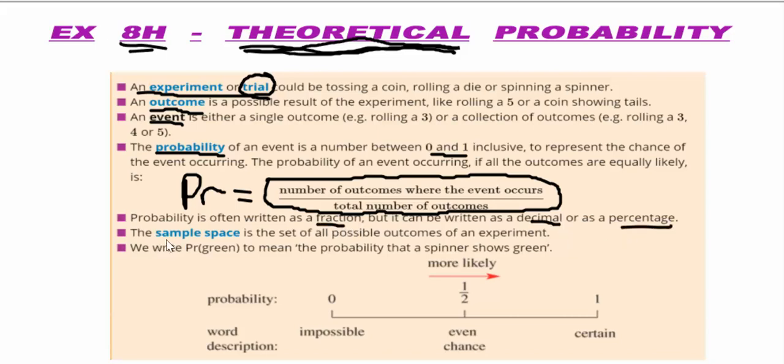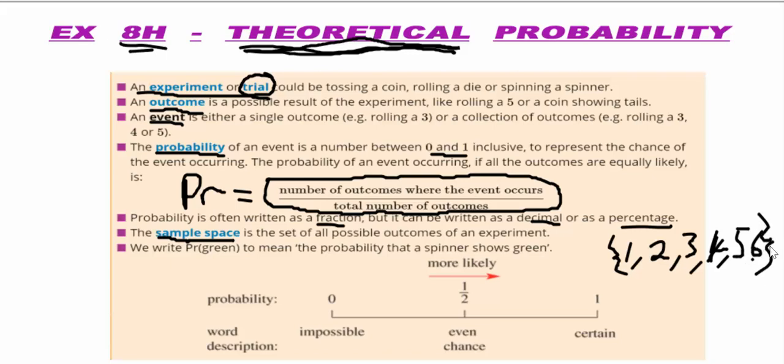We covered that. The sample space, I covered that in the last video as well, is the set of all possible outcomes of an experiment. So if you remember, there's the sample space of a six-sided die, for instance. You write your squiggly lines and you write 1, 2, 3, 4, 5, and 6.